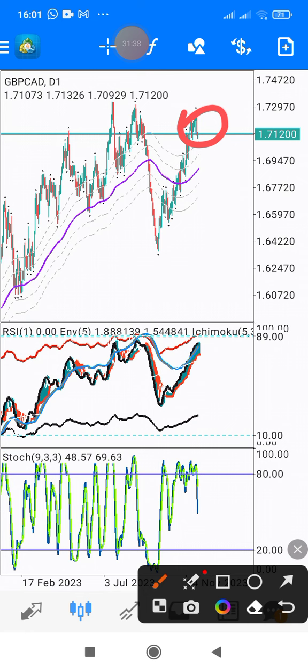Very risky. We still are not sure that the market has completely changed the direction. We'll only be sure when the market has crossed over this purple moving average and there's a change in color of Ichimoku. Guys, what a better entry.